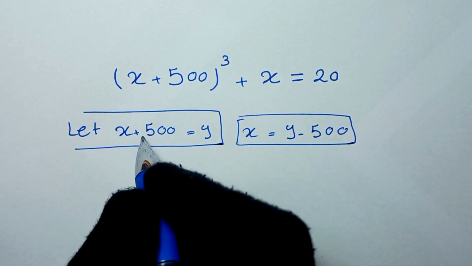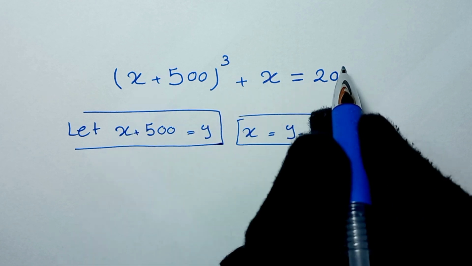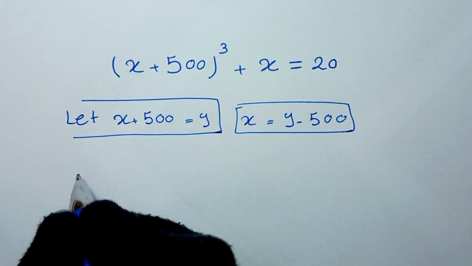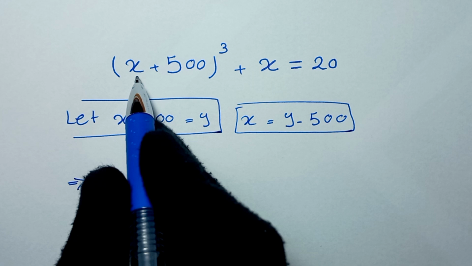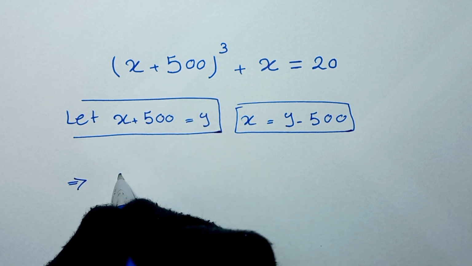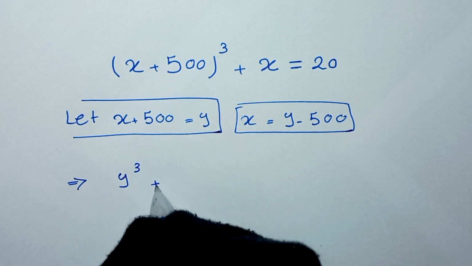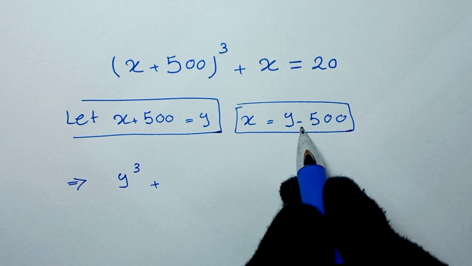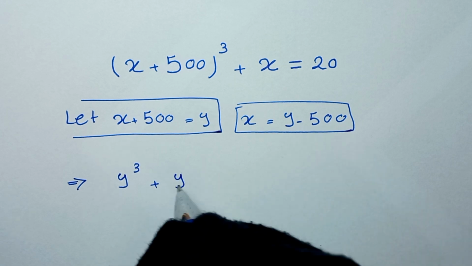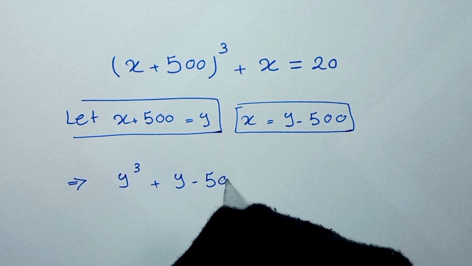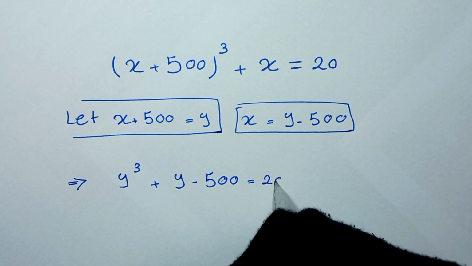So from these two equations, we rewrite this equation. Since x plus 500 is y, we get y cubed plus x, which is y minus 500, is equal to 20.